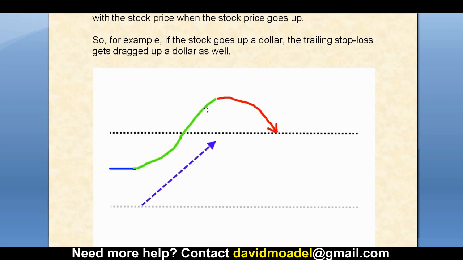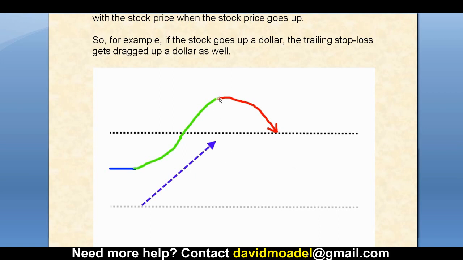So the stock goes up and up and up to here, and the dotted line goes up and up with it. It still stays below the current price as long as the stock is going up. You can think of it this way: as long as the stock goes up, it drags the trailing stop loss up with it.